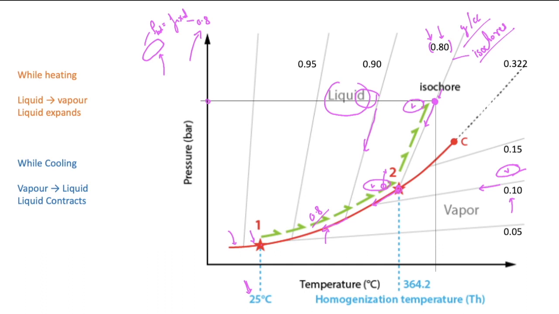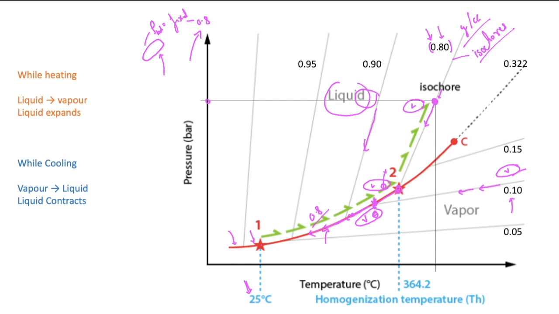It will follow this isocore and hit the curve somewhere here, and as the vapor reaches here, a small drop of liquid will form, and then it will keep on cooling in this direction. So this is the trajectory, the path that the inclusion will follow.